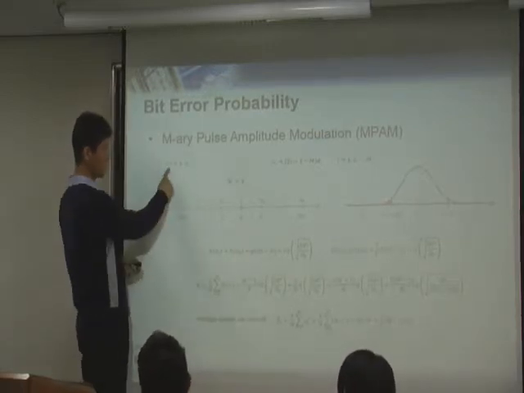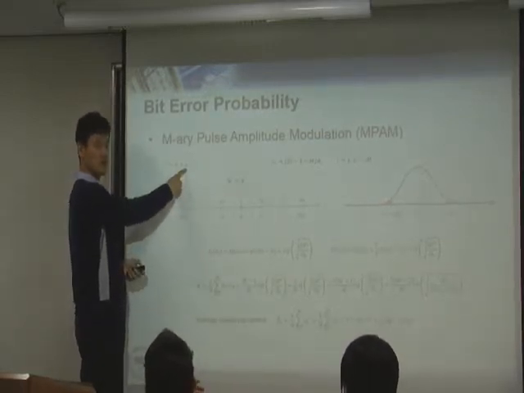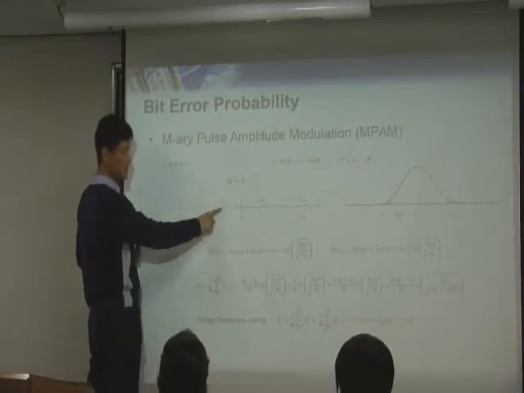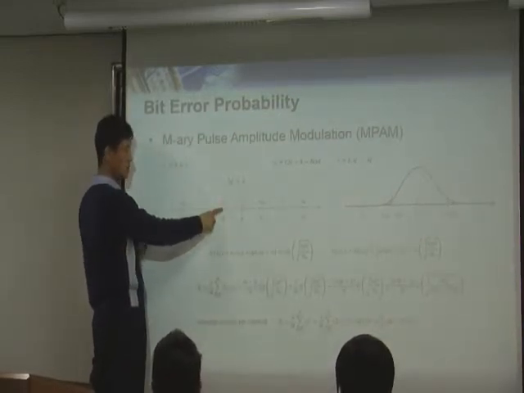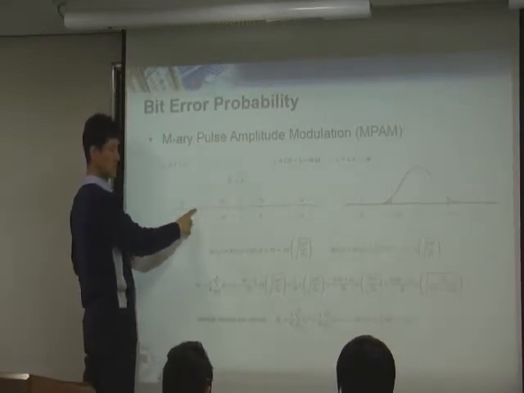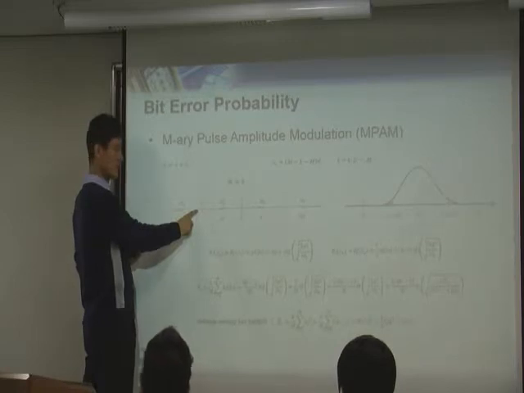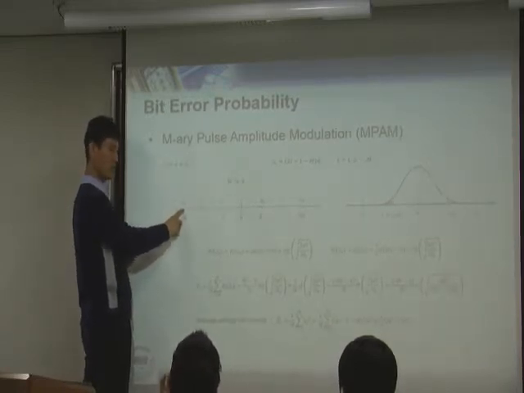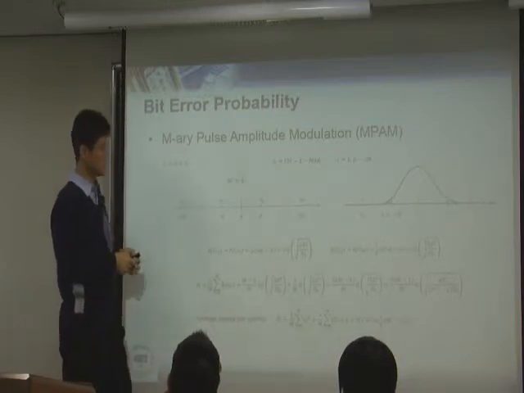Again, this is the case of AWGN, okay? We ignored the fading, first of all. You transmit this one, and because of this high noise amplitude, maybe you receive this point. In that case, that received symbol is detected as S1, so you will get an error.